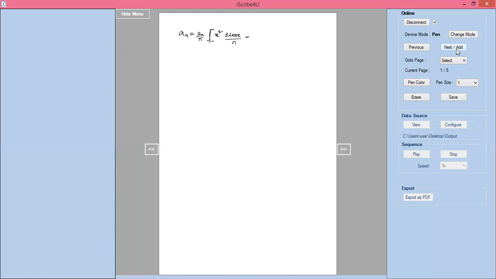Minus, the differentiation of x square is 2x. I have not written the udv formula directly; I am doing it step by step. So the differentiation of x square is 2x, and the integration of cos nx is minus sin nx divided by n square, plus the differentiation of 2x, which is 2, into the integration of sin nx, which is cos nx.